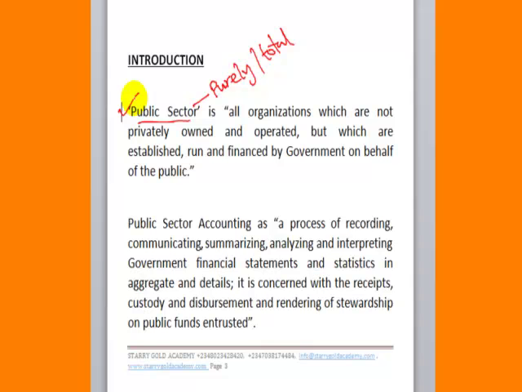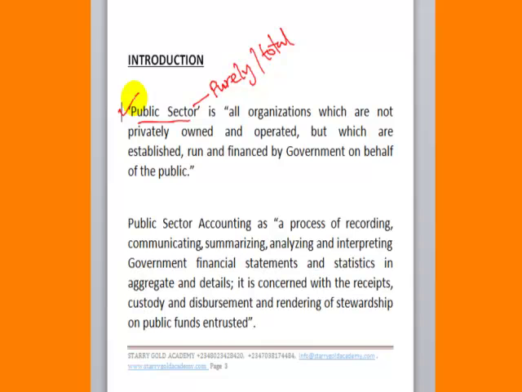Now, let us look at what is public sector accounting. Different authors have actually come up with different definitions.